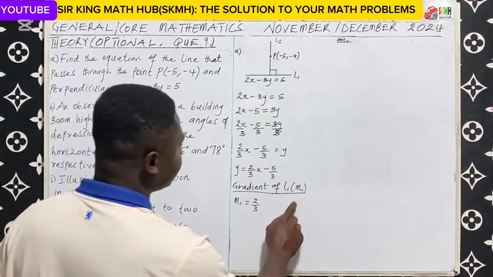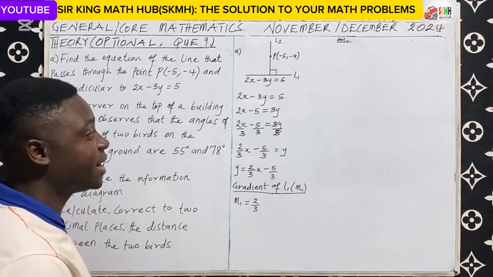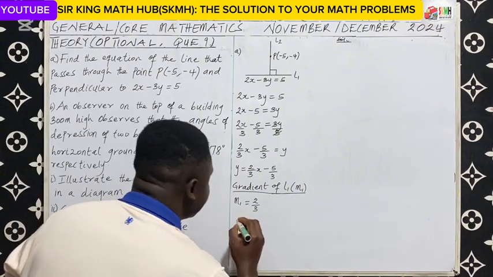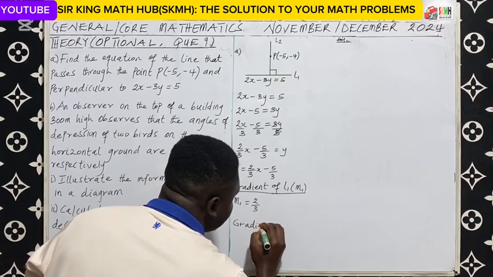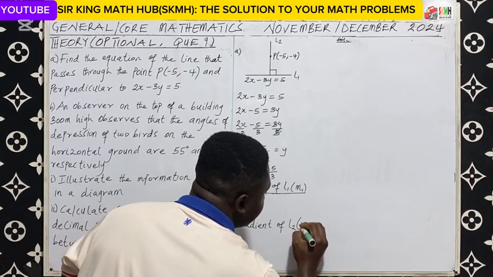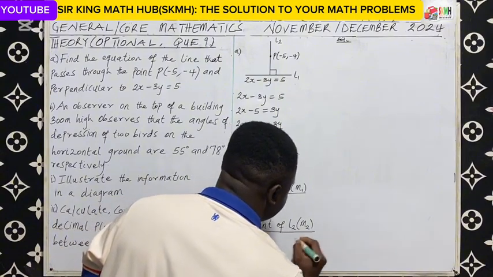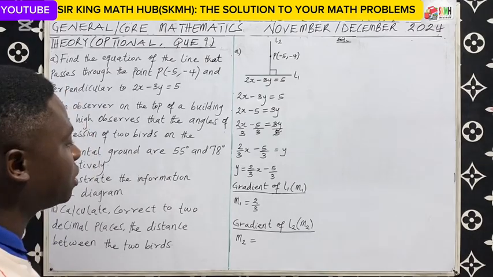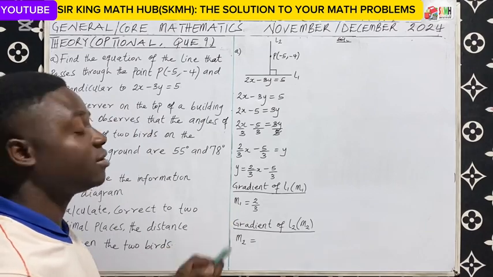Now that we know the gradient of line 1, we should be able to also find the gradient of line 2, since the two lines are perpendicular to each other. Because they are perpendicular to each other, it means that the gradient of line 2, which I'm representing as M2, is equal to the negative reciprocal of the gradient of line 1.